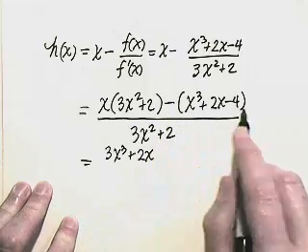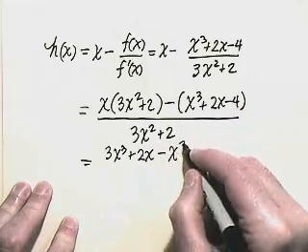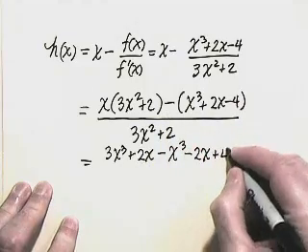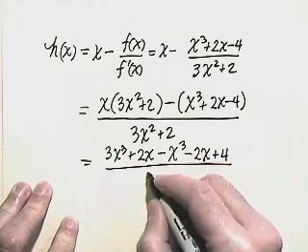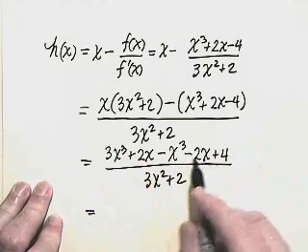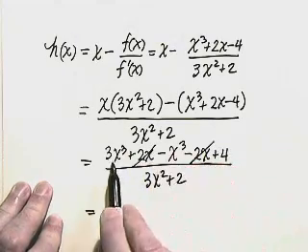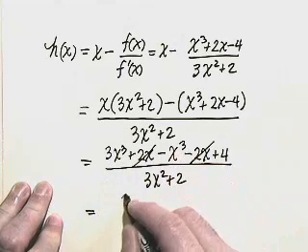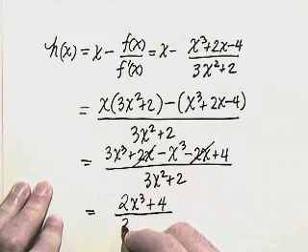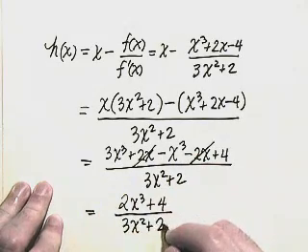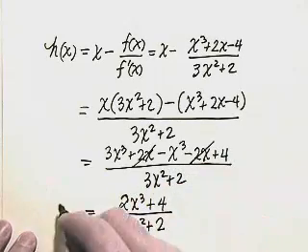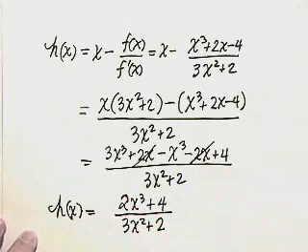Let's distribute the negative sign through the second term: negative x cubed, negative 2x, and a negative 4 becomes a plus 4, all divided by 3x squared plus 2. So now notice the x terms cancel. 3x cubed minus x cubed is simply 2x cubed. So we have 2x cubed plus 4, all divided by 3x squared plus 2. A little bit of algebra here is going to simplify the calculations quite a bit.